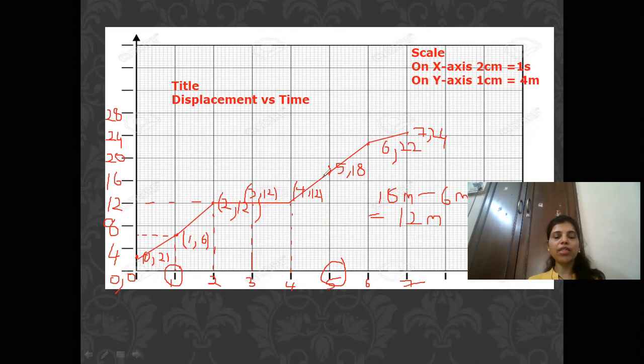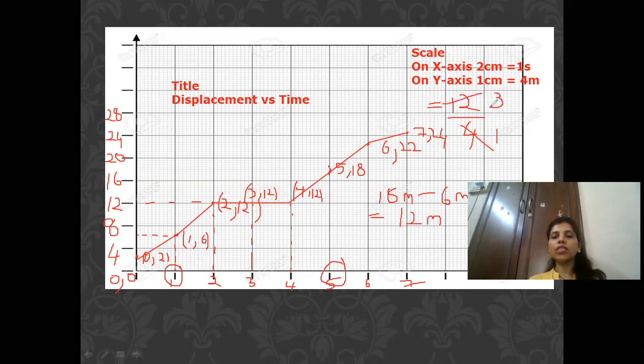Now we will not find the slope, because you can see it is not covering equal distance in equal intervals of time, and that's the reason whenever it is average velocity, we will take total distance upon total time, that formula. So total distance we have got 12. So 12 upon total time interval, 5 minus 1 is 4. 4 threes are 12, so 3.